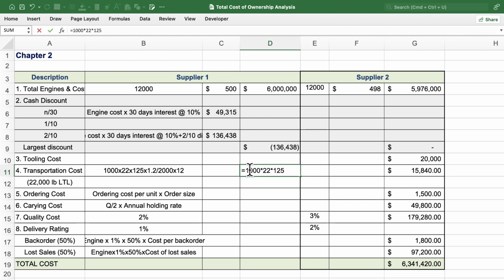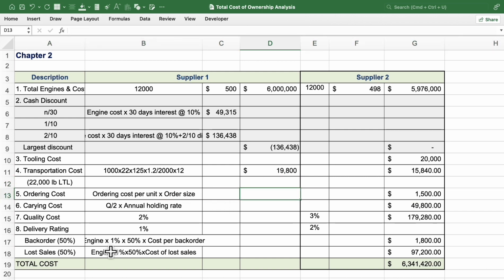We multiply that, and that becomes pounds miles, and then we know that the transportation cost will be 1.2, and we also need to convert it into tons. So I will divide by 2000. So that will be the cost for one shipment, and because there will be 12 orders throughout the year, I multiply by 12, and that becomes 19,800.